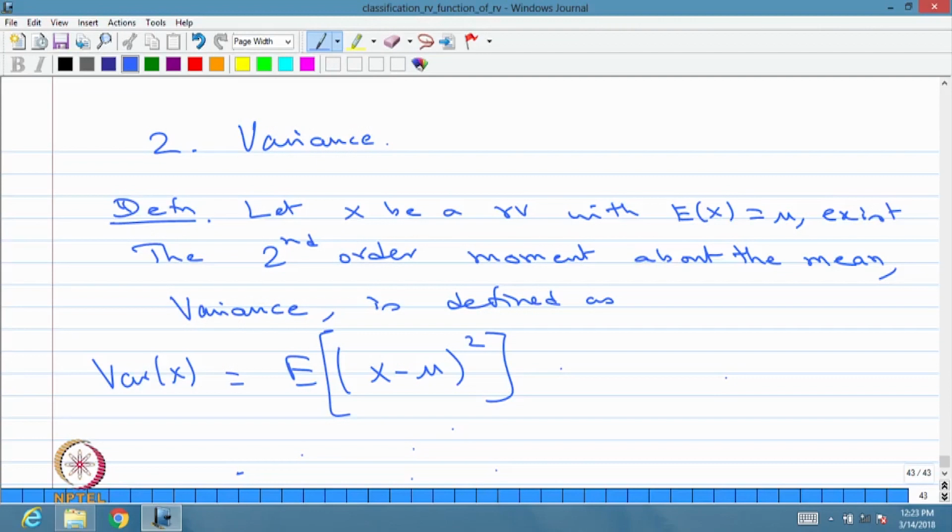So, the variance of x, that is denoted by VAR of x, is the expectation of x minus mu whole square. As I said earlier, you do not need to find the distribution of x minus mu whole square as long as you know the distribution of x, and the expectation of x exists and the expectation of x minus mu whole square exists. You can rewrite the variance of x by expanding x minus mu whole square.